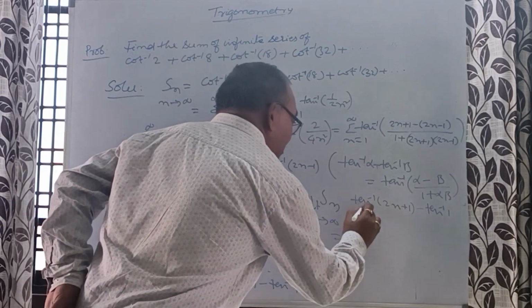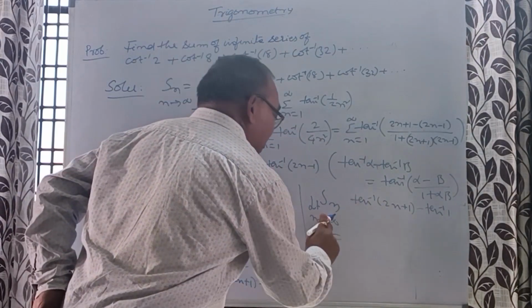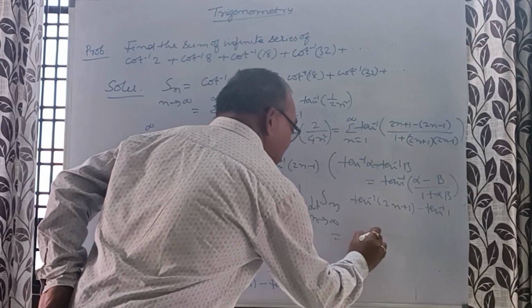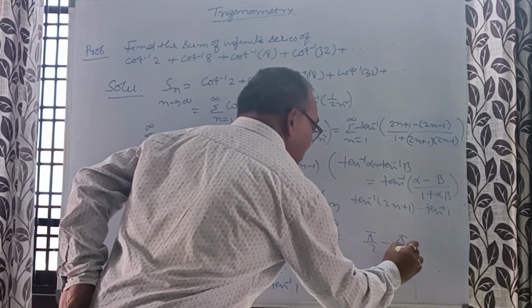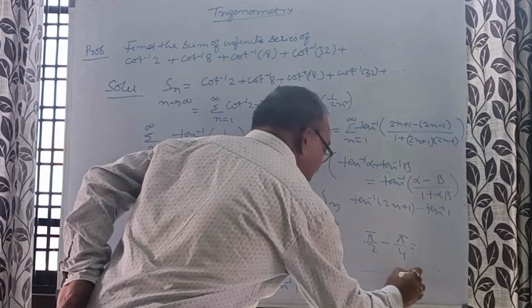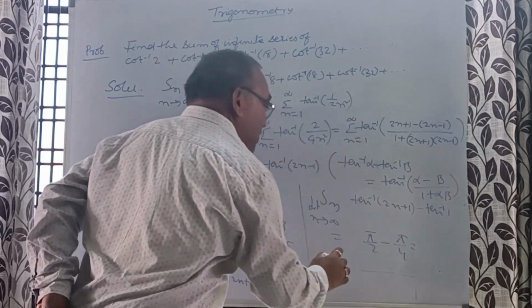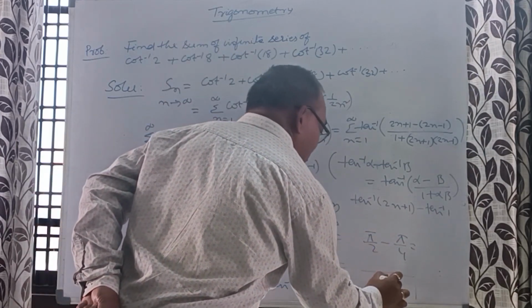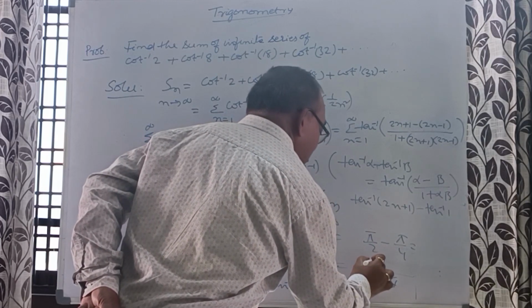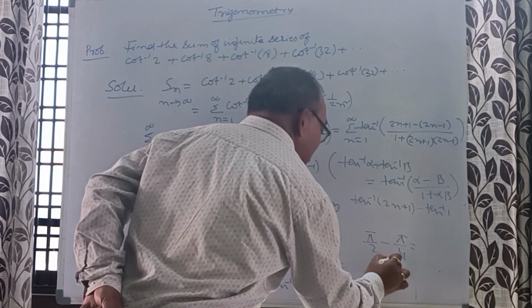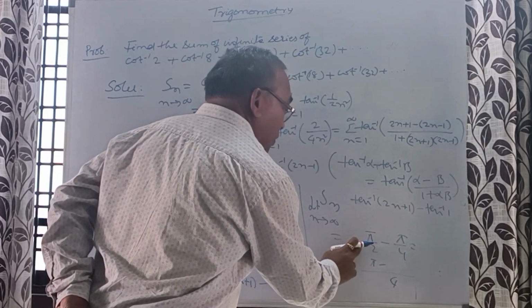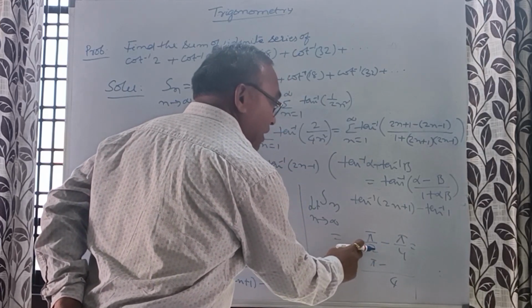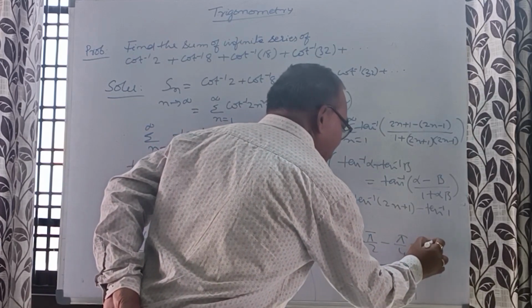Tan inverse of infinity is pi by 2, and tan inverse of 1 is pi by 4. Taking LCM 4, we get pi by 4, or otherwise you can directly write pi by 4 only.